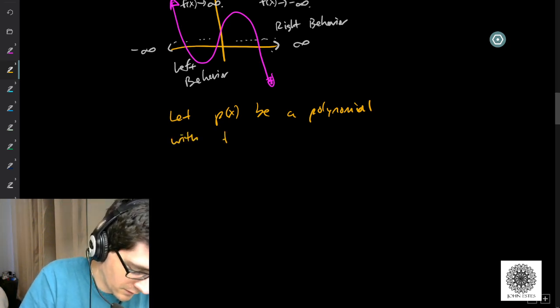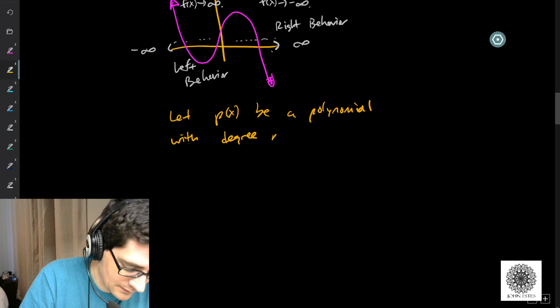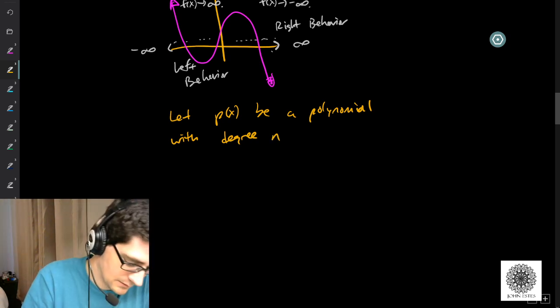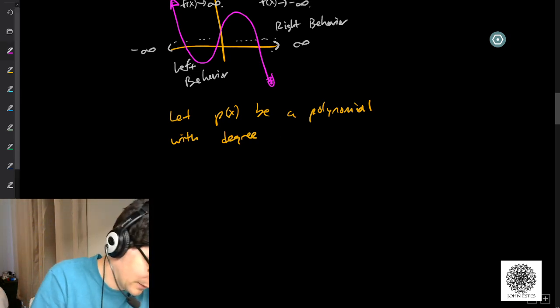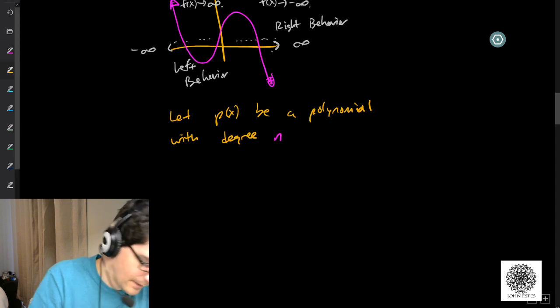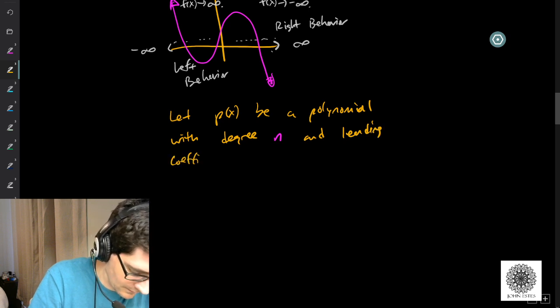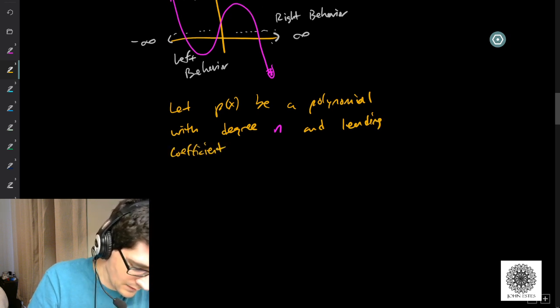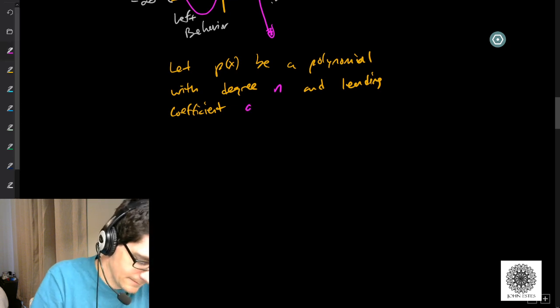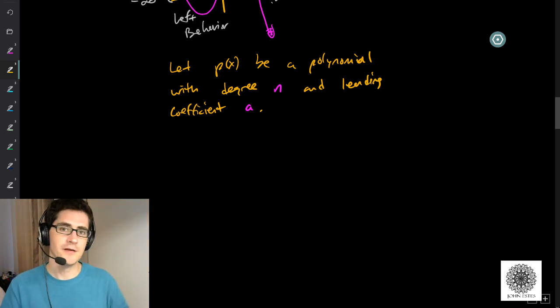So let's say with degree n, so n is the degree, and leading coefficient, let's just call it a. So the leading coefficient is a, and n is my degree.